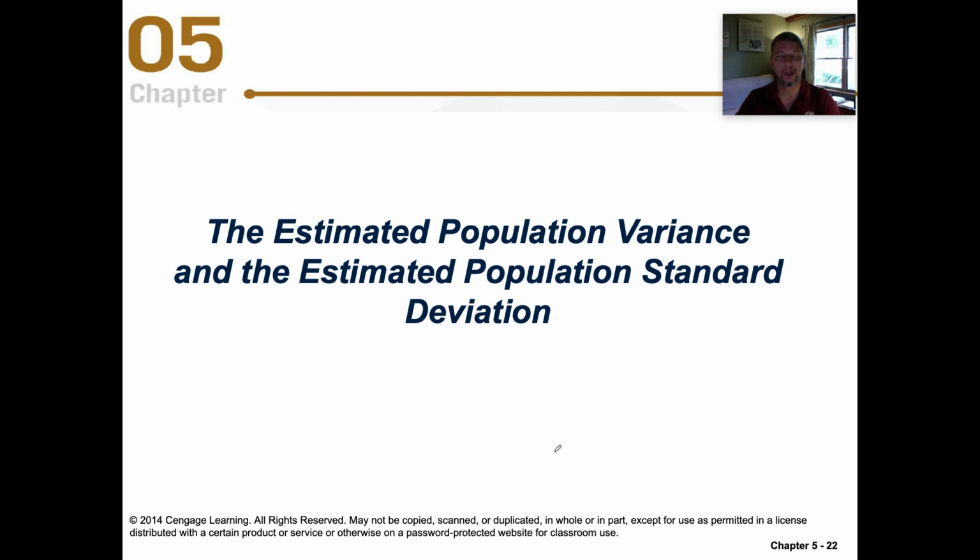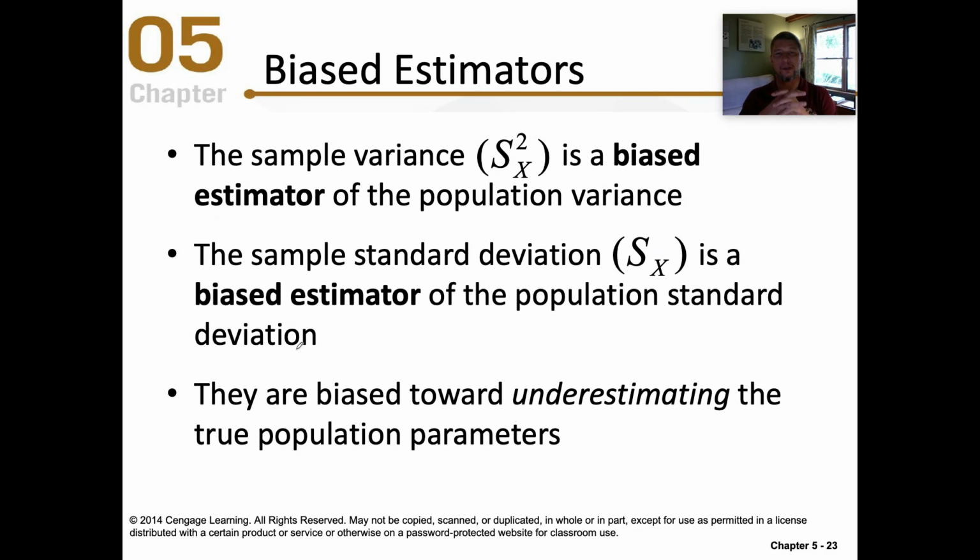And so, in reality, rather than use the formulas that we just talked about, we have to use what we call the estimated population variance and the estimated population standard deviation. And so what that's going to do is alter our calculation just a little bit. Okay, so let's look at this.